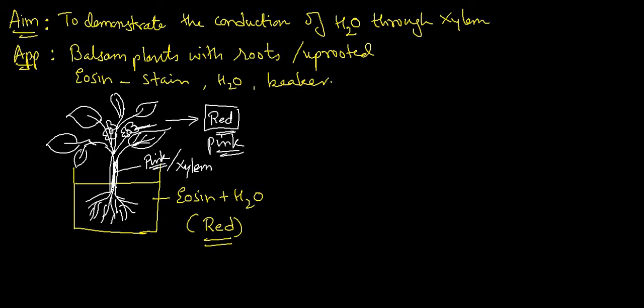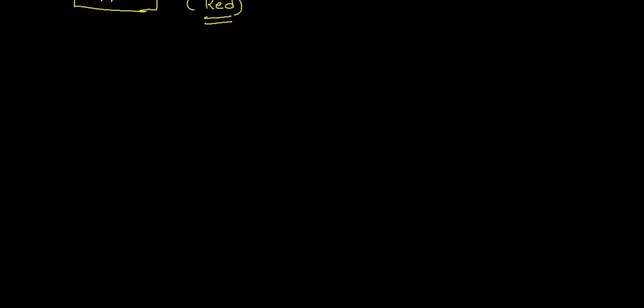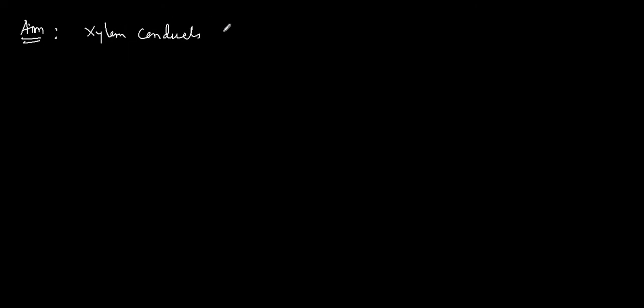Let us move on to the next experiment. In the next experiment, what are we going to do? We are going to remove xylem. So here, what is the aim? The aim is to find out that xylem conducts water and the plant remains turgid.